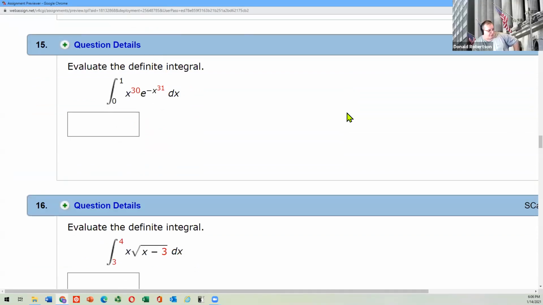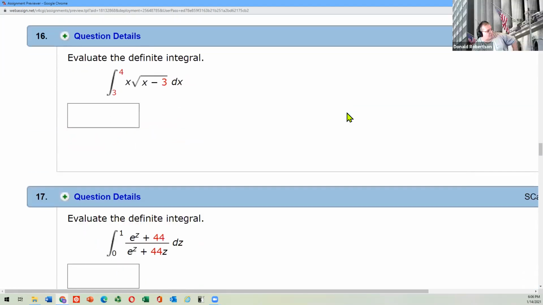What's the u sub in 15? Negative x to the 31. Correct. What's the u sub in 16? Just the x minus 3.